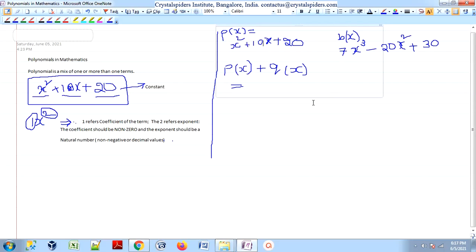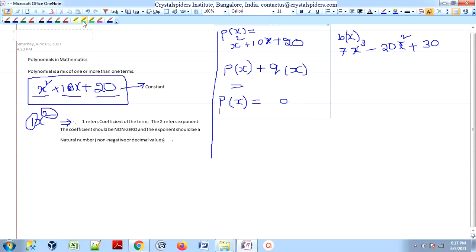So now here what we are going to do is add to this p of x the term x cube. See how I am doing that. I am going to rewrite the p of x like this, just to make sure both polynomials have the same matching terms. So for that, 0 is the coefficient, 0 dot x cube.